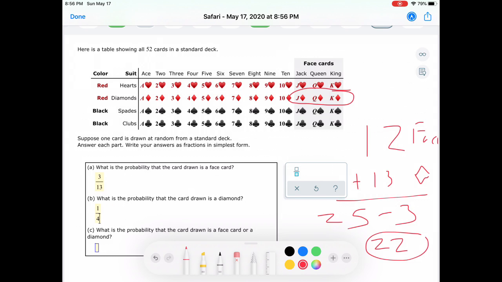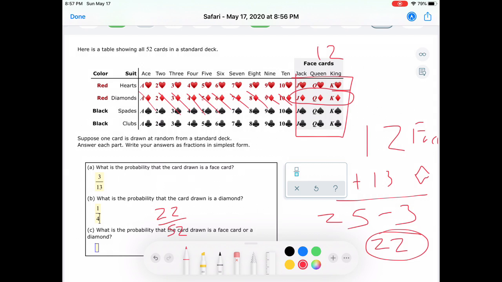So there are 22 cards that are either a face card or a diamond, or you can really just count. We know that we have 12 of these, and then 13, 14, 15, 16, 17, 18, 19, 20, 21, 22 total cards. And that, once again, is out of 52 total.